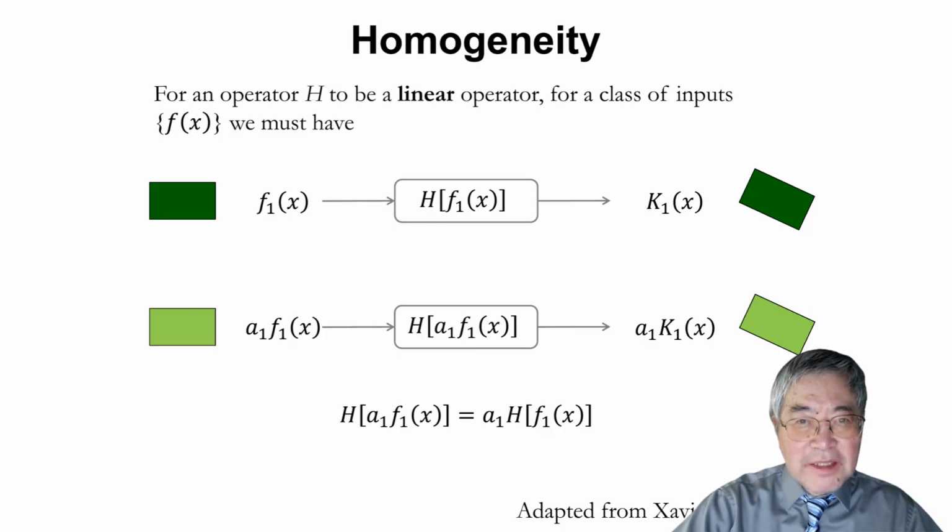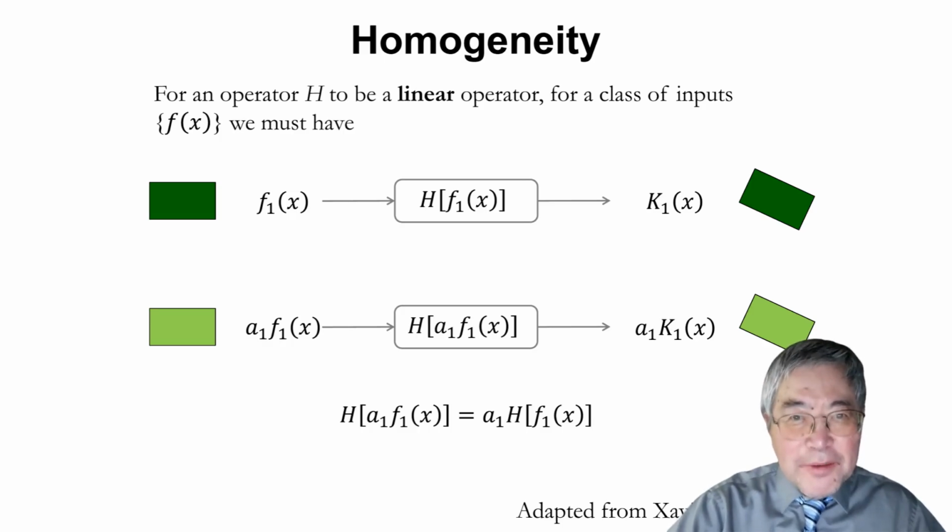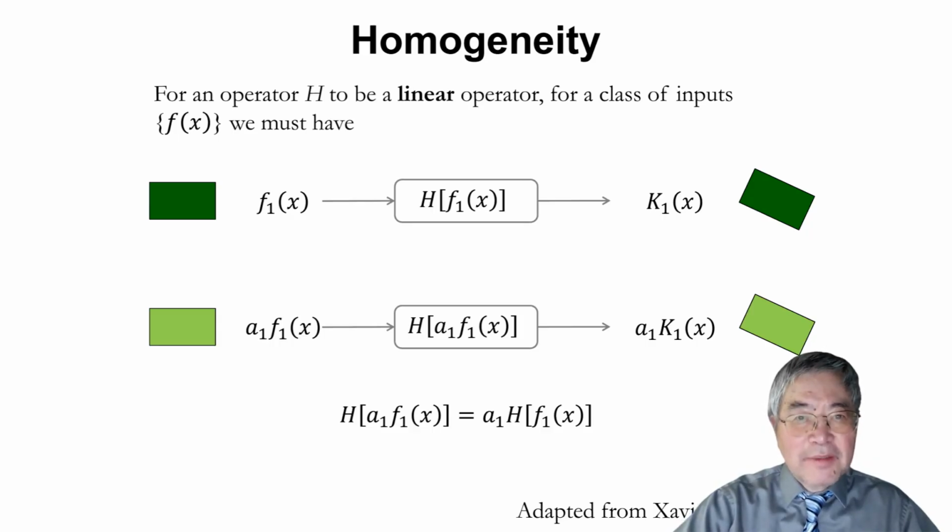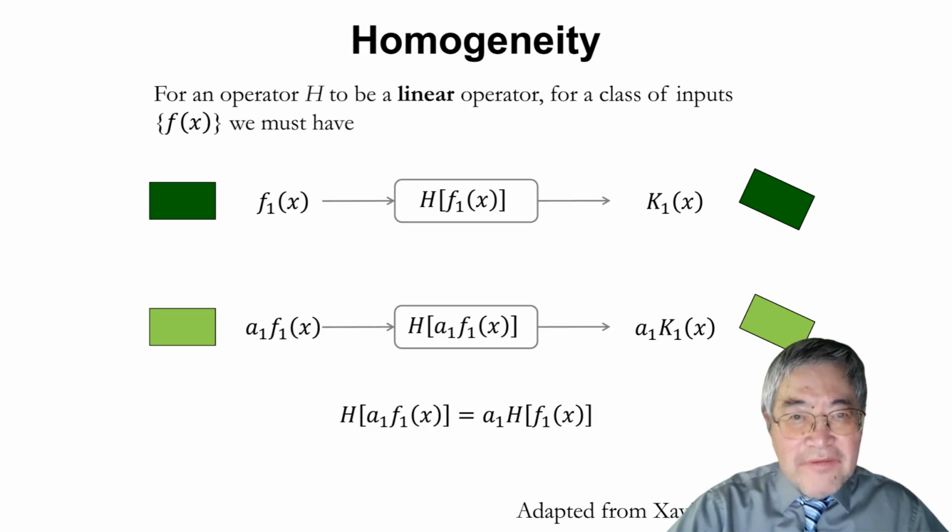Following on from additivity, let's now turn to the second key property that defines a linear system, homogeneity, or what we also call the scaling property. Here's how it works. If a system produces an output K1 for an input F1, then if we scale that input, say multiply F1 by some constant factor like alpha, the output should be scaled by that same factor.